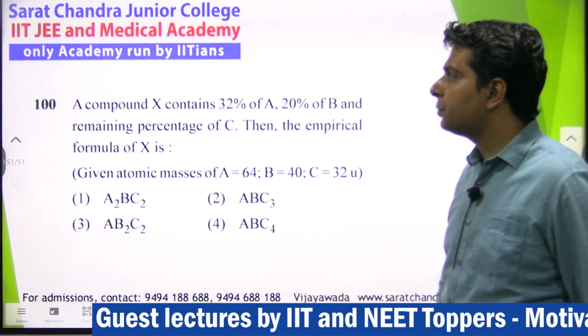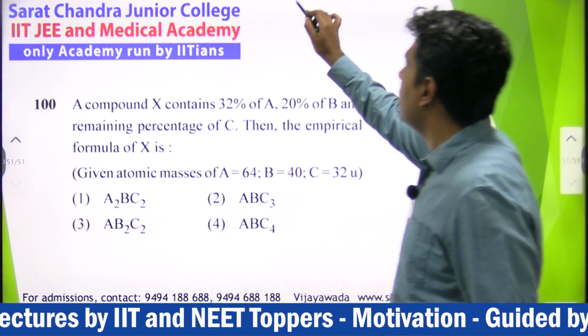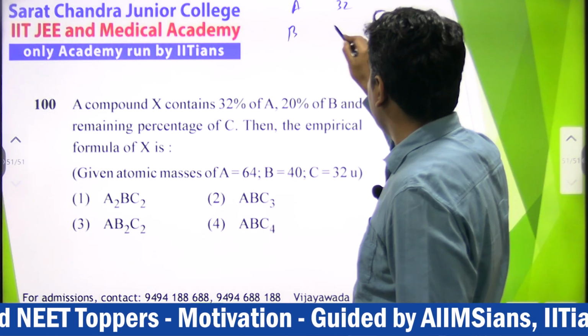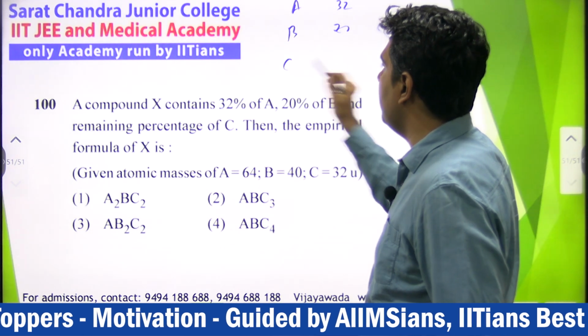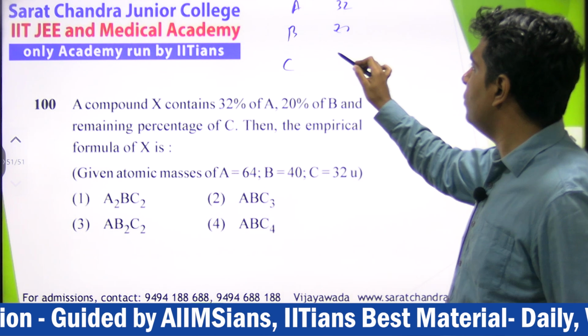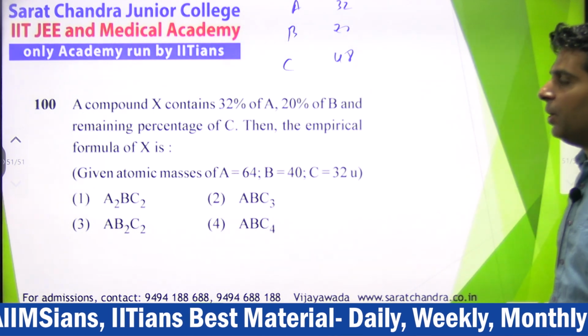Next question. A compound X contains 32% of A, 20% of B and the remaining percentage of C. So 32 plus 20 is 52, so the remaining will be 48% of C. We need the empirical formula.